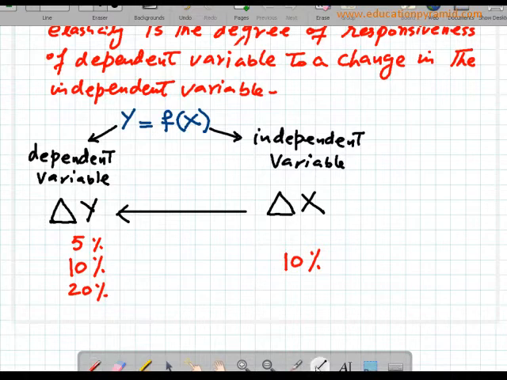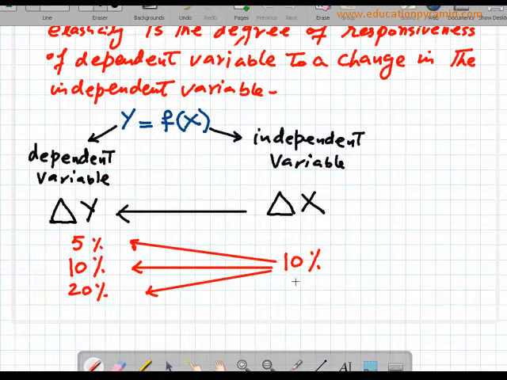So we have three types of responses. There is only one change in x variable, which is 10%, but due to this change, there are three possibilities: y variable may change less than 10%, or equal to 10%, or greater than 10%.